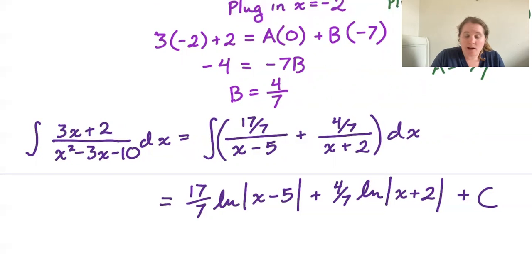There are a few more complicated cases, if you have nonlinear factors that cannot be factored or repeated roots, but we will not be worrying about those in this video.